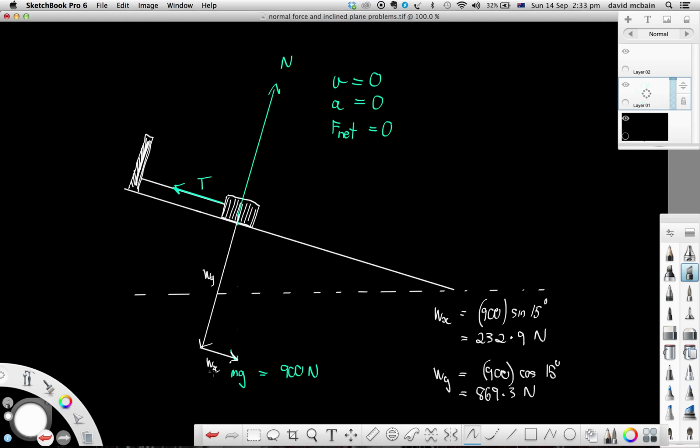And to make things even easier, I'll just rub that out as well. Remember, vectors, you can move them around anywhere you like in a problem, provided you don't change its length or direction. So, as a matter of fact, I could simply grab that vector and move it to there, like that.